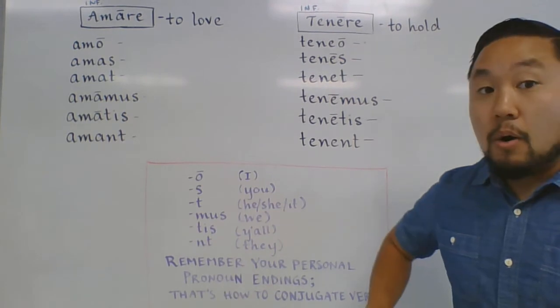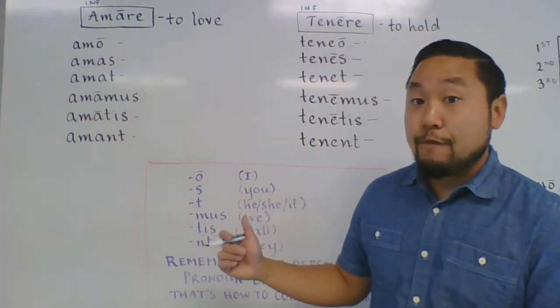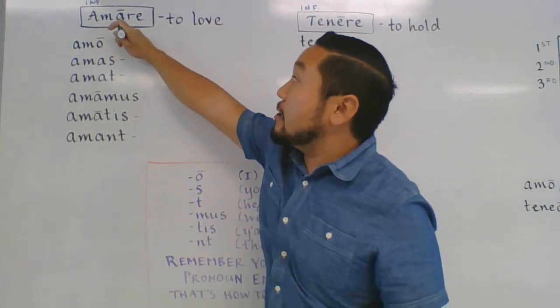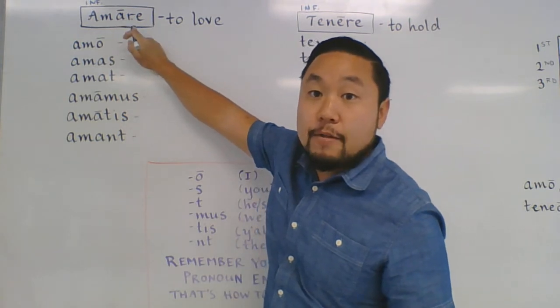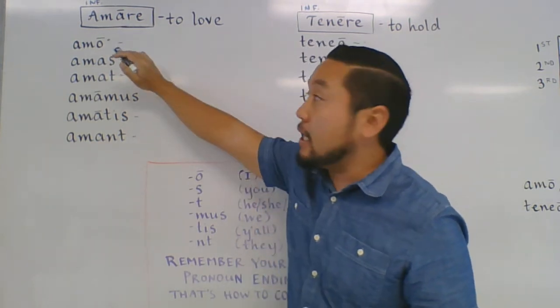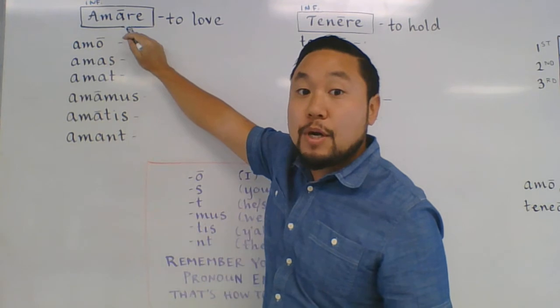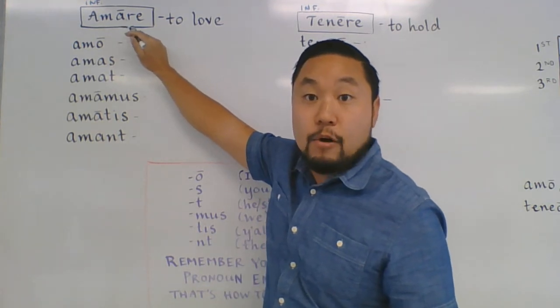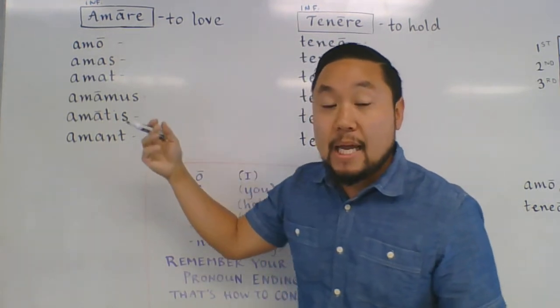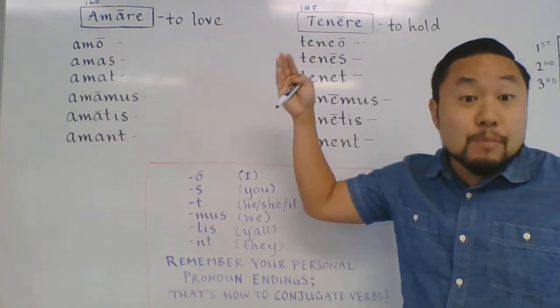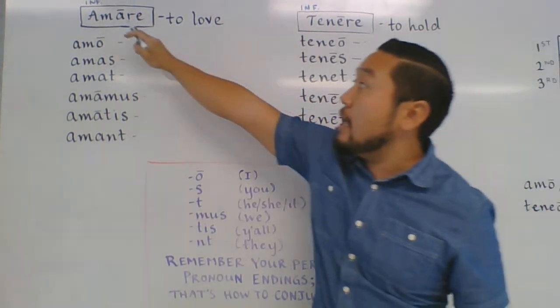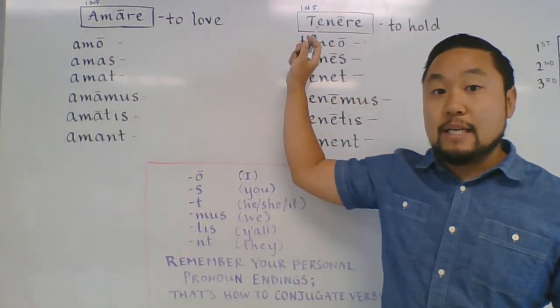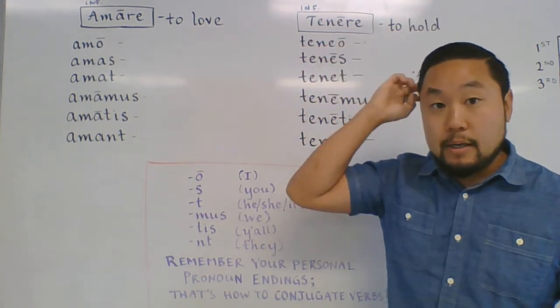What you're going to notice about the infinitive form is you're going to have a stem vowel followed by the two letters re. So in the case of amare, this ends with the stem vowel a followed by re. Tenere has the same sort of pattern, except rather than an a, we have an e with a macron followed by re.